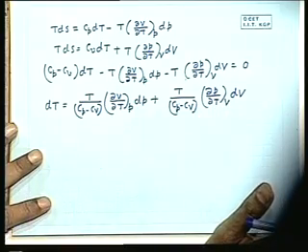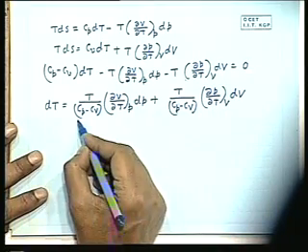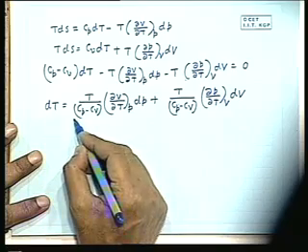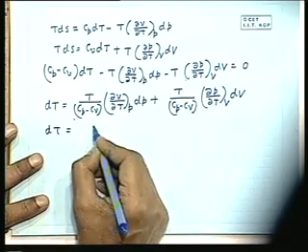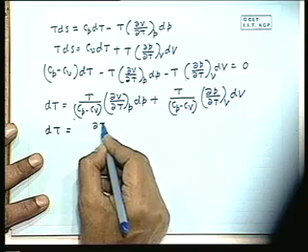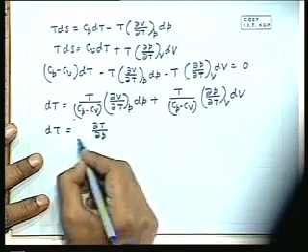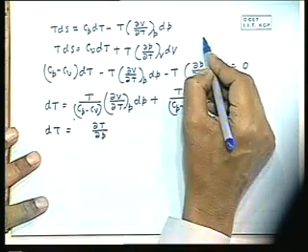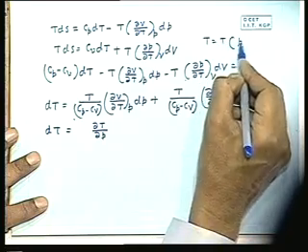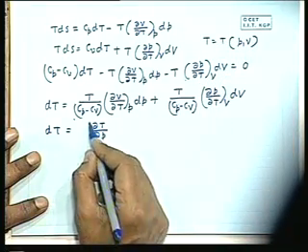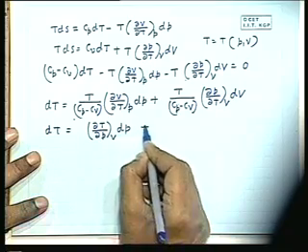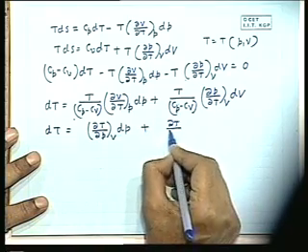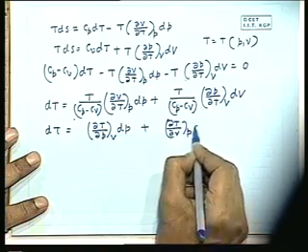Is that clear? Now, by expressing T as a function of P and V, we can write dT is equal to (∂T/∂P) at constant volume dP plus (∂T/∂V) at constant pressure dV.